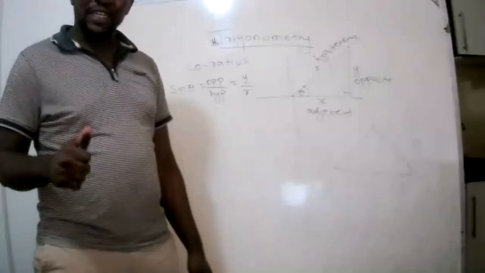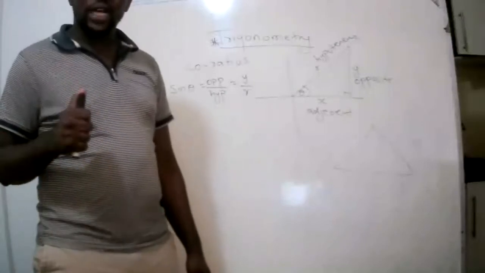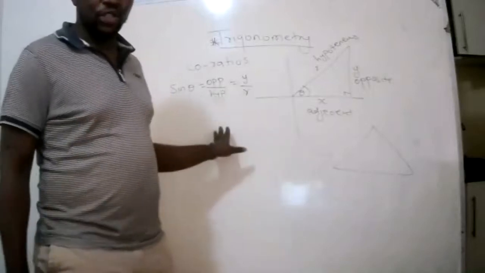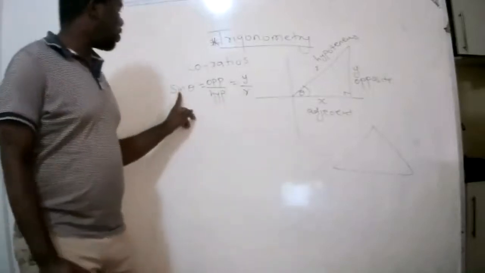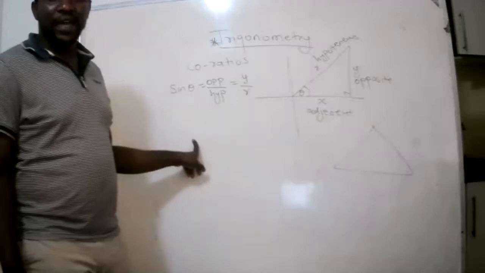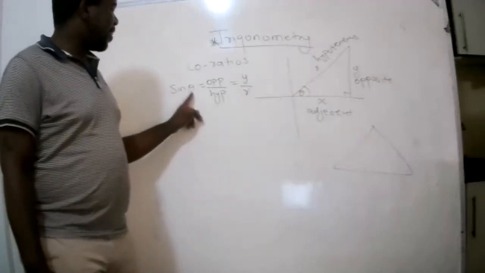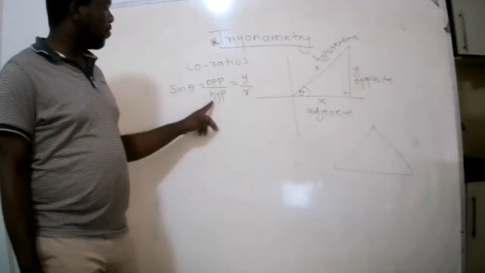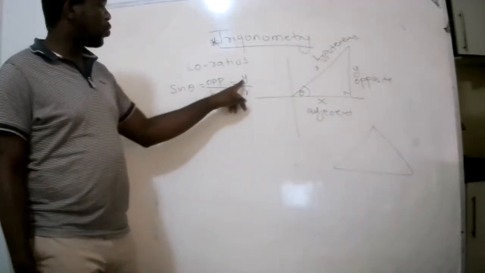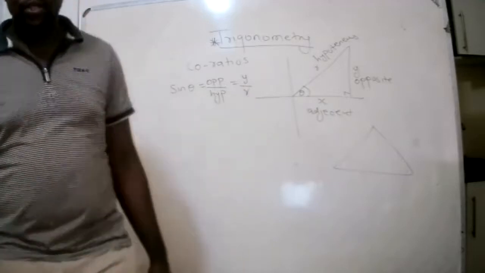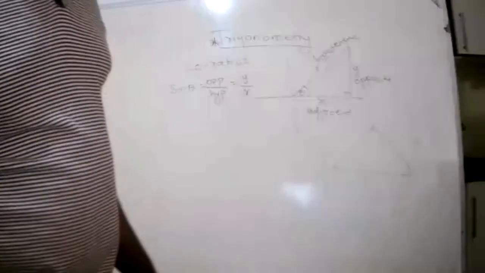If you don't have a right angle triangle, you are not allowed to apply the trig ratios. By trig ratios, I'm referring to sine, cos, and tan. The first one is sine theta. Sine theta is equal to opposite over hypotenuse, where opposite is y and hypotenuse is r. Are we okay with the first trig ratio?